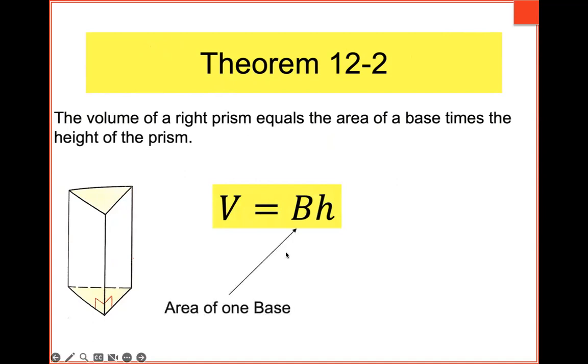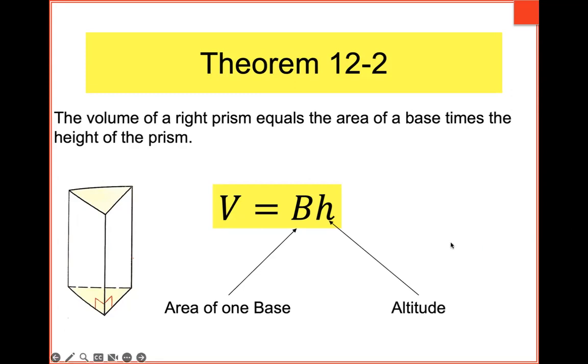So capital B is the area of one of the bases times the height or the altitude of the prism itself. It turns out that volume is way easier to calculate than surface area or total area. Total area is a pretty complicated formula, ph plus 2b, whereas this is just capital B times h.